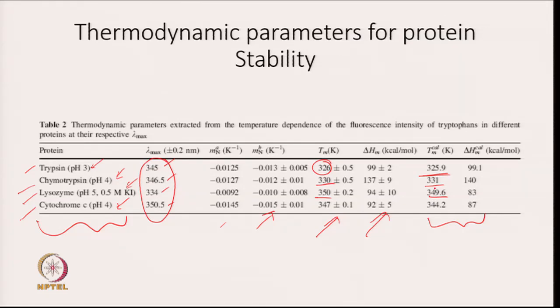So we can get quite accurate values of Tm and delta Hm using fluorescence spectroscopy. We do not have to go to a calorimeter. One important application of fluorescence is to obtain the stability parameters for proteins.